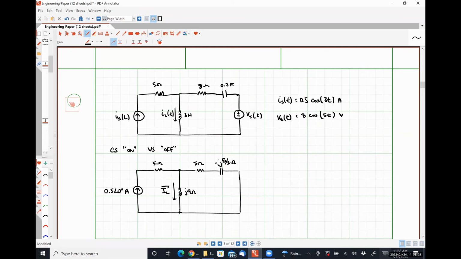So how might we go about determining this quantity IL prime? Current division, absolutely.